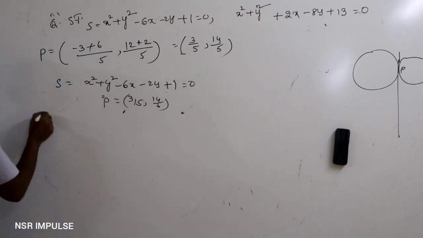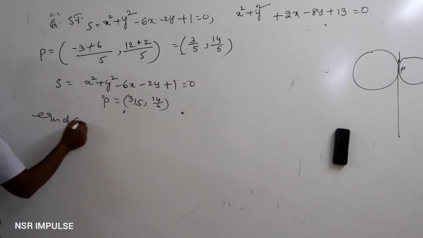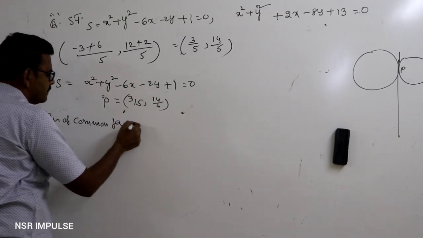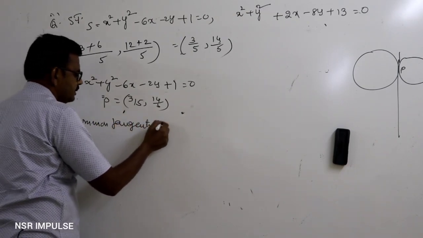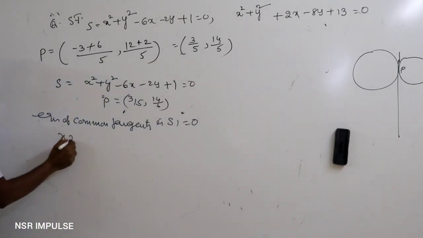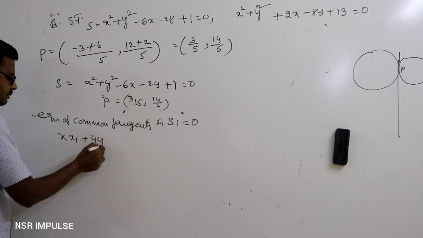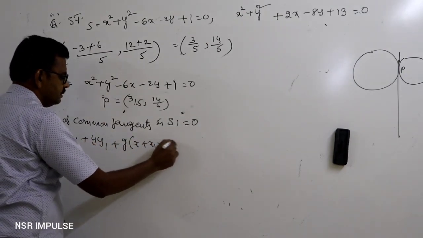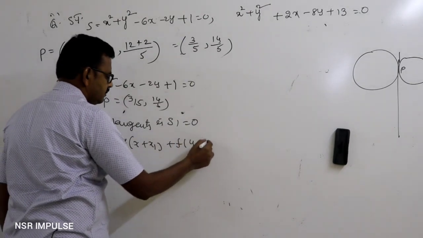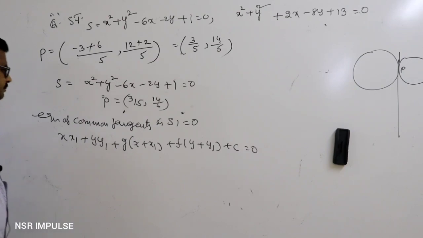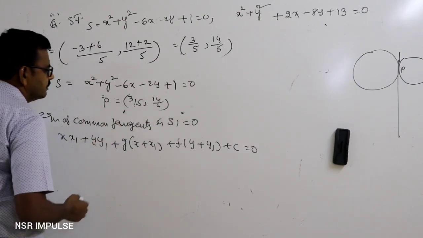Now the equation of common tangent is S1 equal to 0, where S1 is x x1 plus y y1 plus g into (x plus x1) plus f into (y plus y1) plus c equal to 0, where (x1, y1) is (3 by 5, 14 by 5).